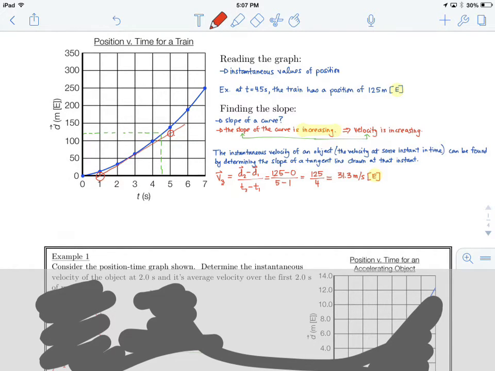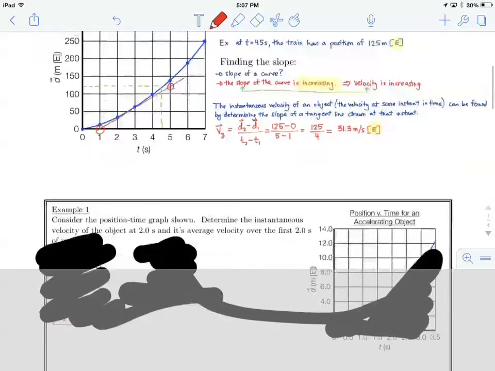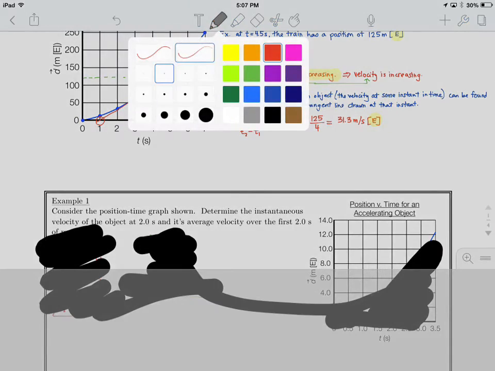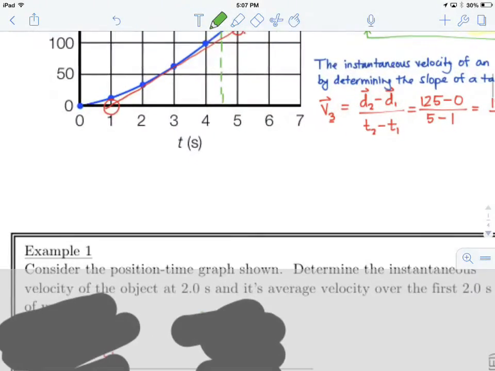Okay, so that's one thing. Another way of finding a velocity is by doing an average velocity. Average velocity is a little bit different. If we come down here, now let's use purple.